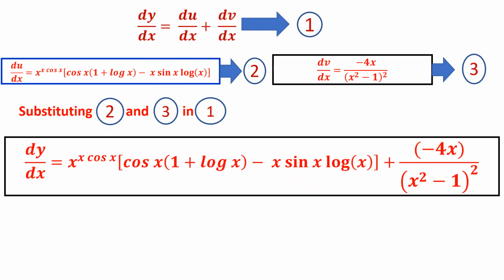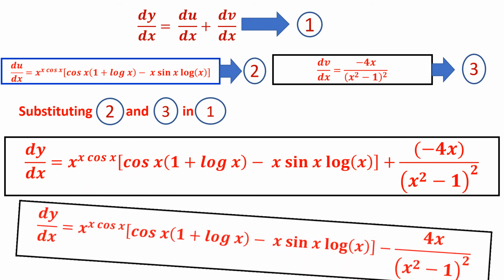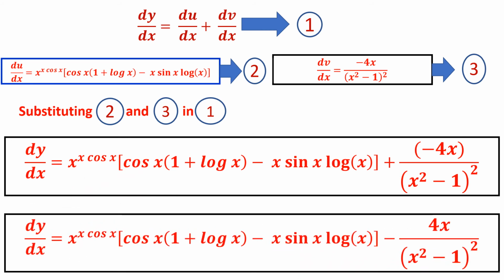You will get dy/dx as x^(x cos x) into [cos x (1 + log x) − x sin x log x] plus (−4x)/(x² − 1)². Now it can be left as it is. Suppose you are asked to prove that dy/dx is something, then in some problems you have to do simplifications. Otherwise you can write du/dx + dv/dx and then leave it.